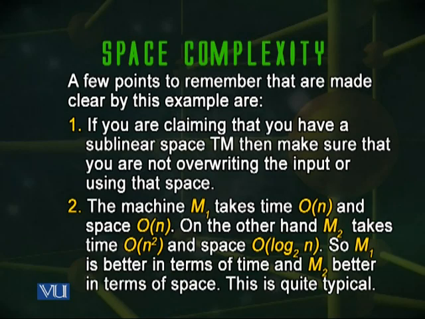And this is quite typical. Typically, what happens in a problem is you have some sort of a space-time trade-off. If you try to save space, you end up spending more time. If you try to save time, you end up using more space.